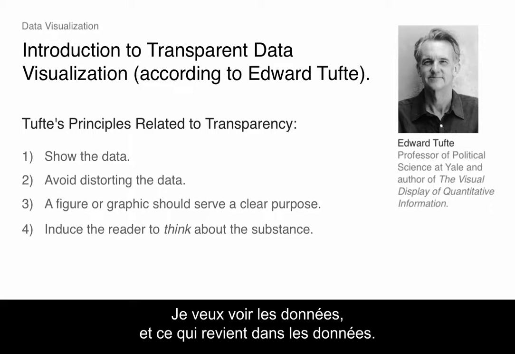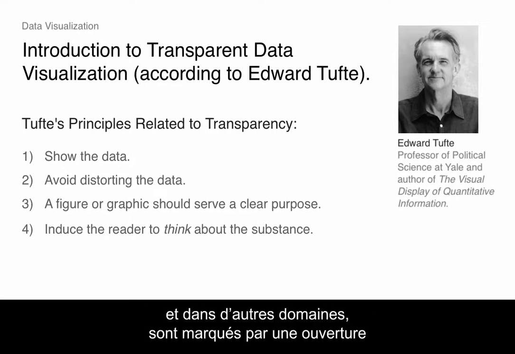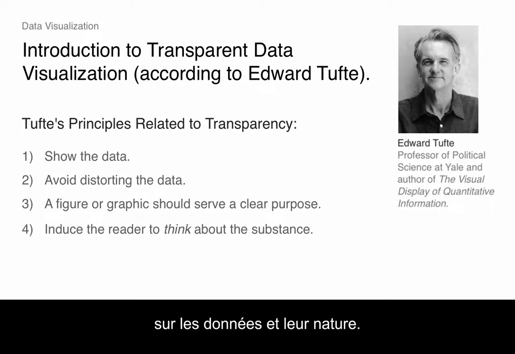I want to see the data, I want to see patterns in the data, and I think the best empirical work in the social sciences and in other fields is characterized by a certain openness about what the data looks like and what it is. So showing the data is important.